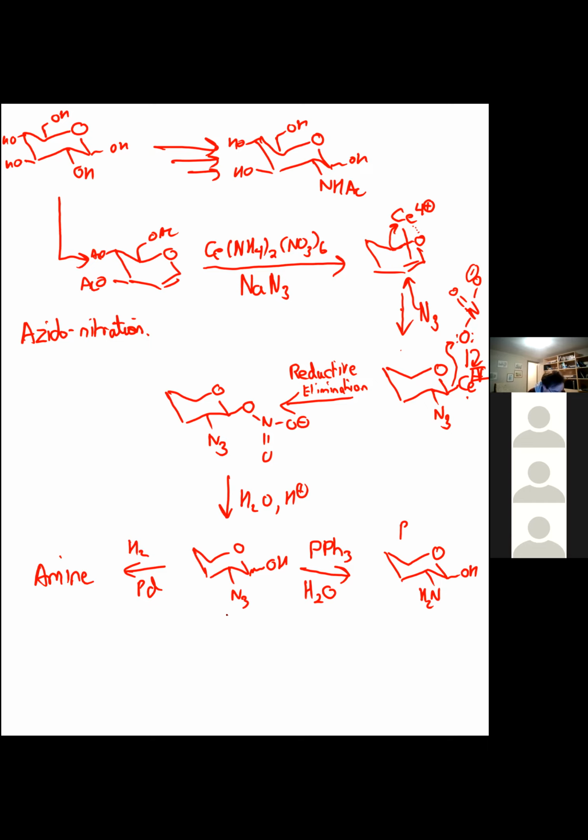This all goes to the same thing. One of the really nice, gentle ones that works very well is thioacetic acid. It's like acetic acid, like AcOH, but it's AcSH. I'll just draw it like that. It makes a little bit more sense. And that reduces the azide to the amine and also makes the acetamide all in one step.